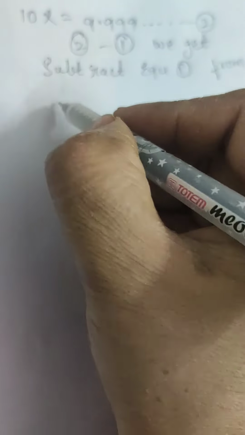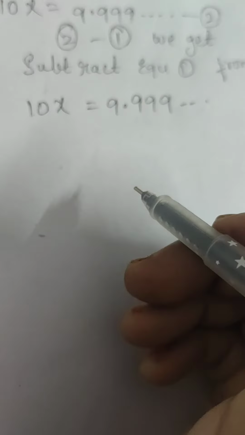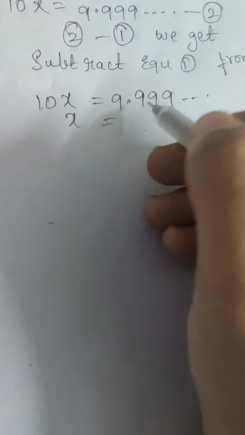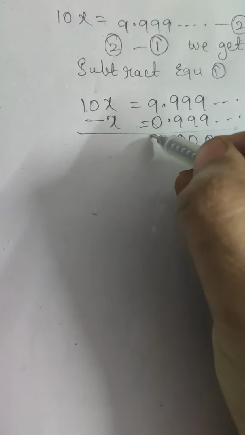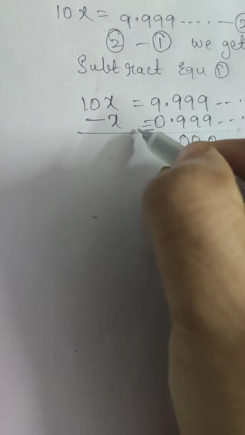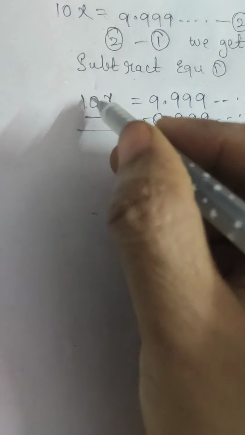What is equation 2? 10x is equal to 9.999 and so on. What is equation 1? x is equal to 0.999 and so on. Now we subtract these two: 9 minus 9 is 0, 9 minus 9 is 0, 9 minus 9 is 0, 9 minus 0 becomes 9. That is equal to 10x minus x, which is 9x.